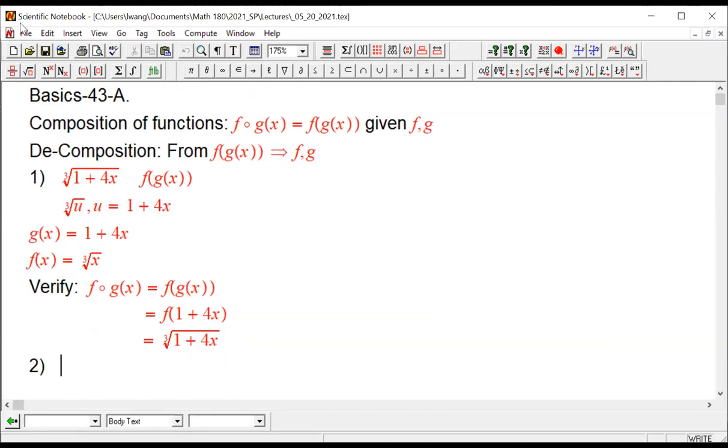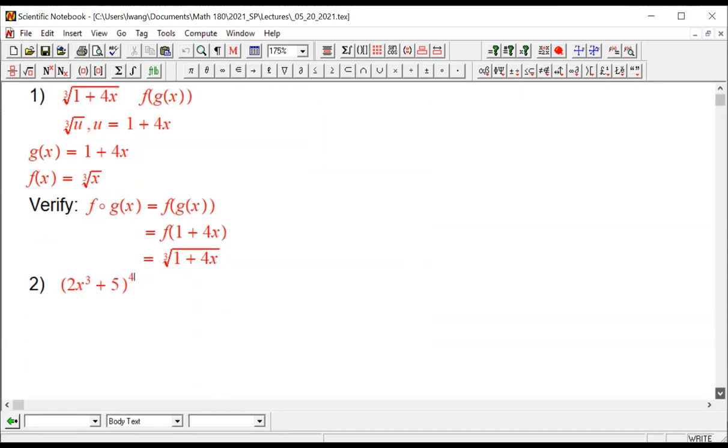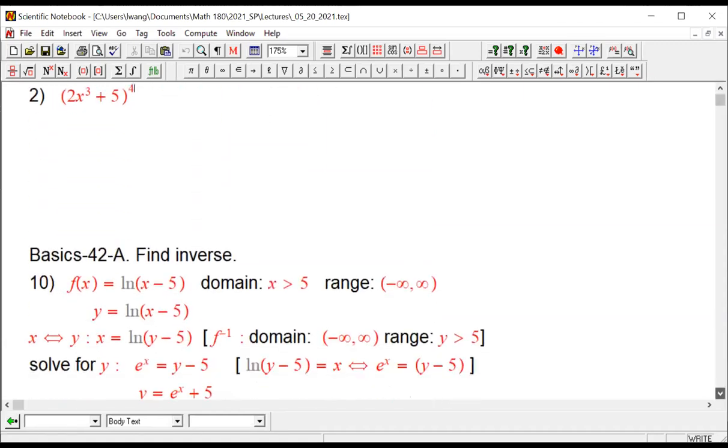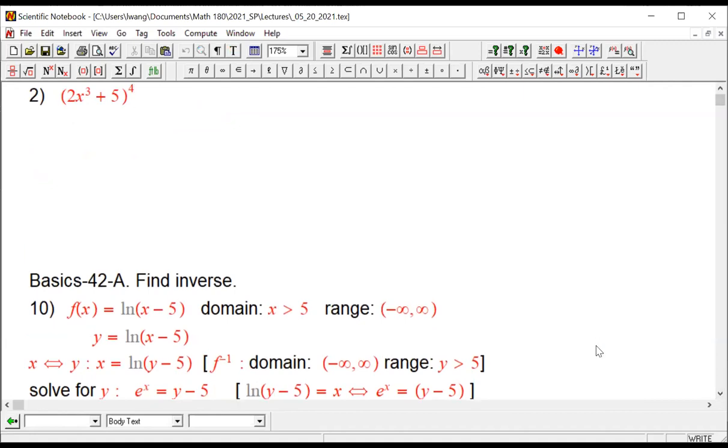Number 2. Okay, we have 2x raised to the power 3 plus 5 raised to the power 4. The general principle of decomposition is that you should be able to decompose your functions into bits and pieces like those you saw in the basic 1 table.